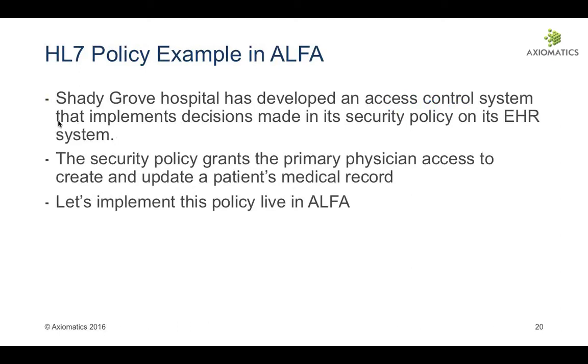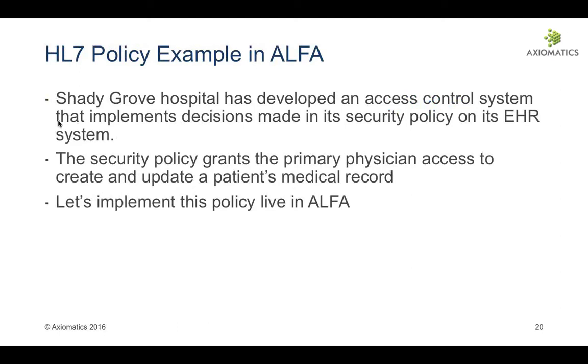The way this use case is defined is publicly defined by HL7, so these use cases are not something that we made up. I think they have 7 core use cases defined there. The security policy grants the primary physician access to create and update a patient's medical record. That is the actual core use case that we're going to implement in ALFA.